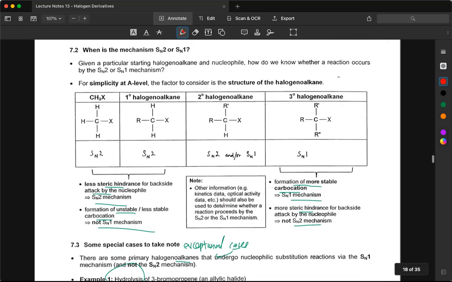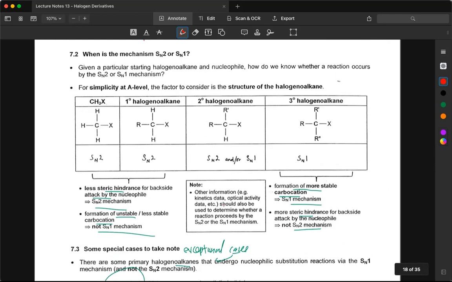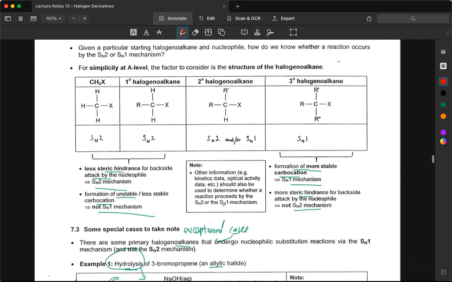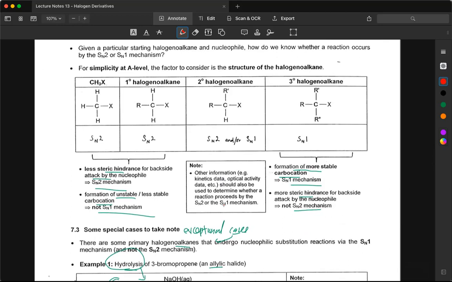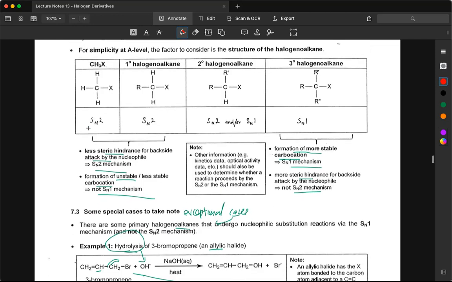Now, how do we know whether this reaction mechanism is SN2 or SN1? At A level, for simplicity, we just need to consider the structure of the halogenoalkane, for syllabus purposes.